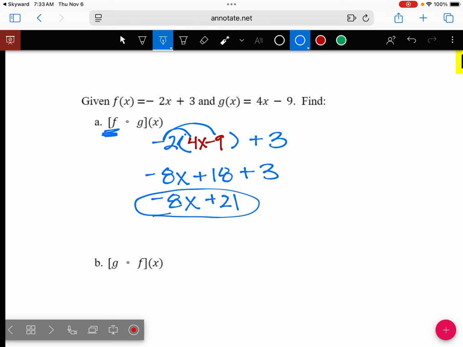All right, for the next one though, because g comes first, write the g with parentheses. So instead of 4x minus 9, write 4 parentheses minus 9. Because that's what your g function says. And then inside of the parentheses, drop your negative 2x plus 3.